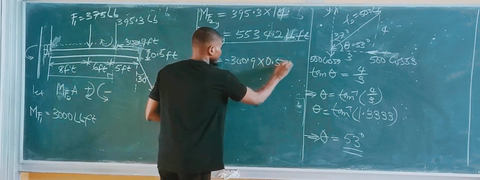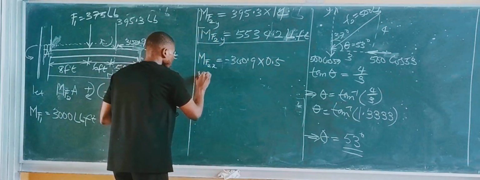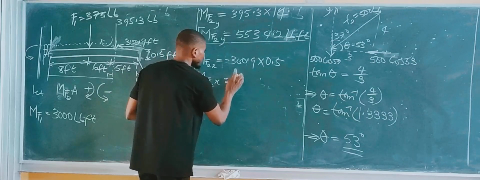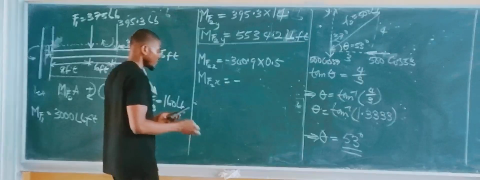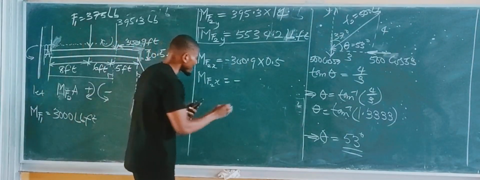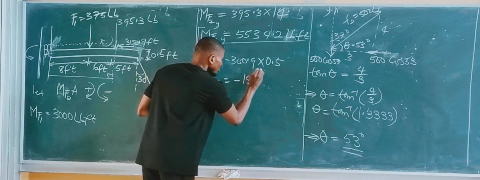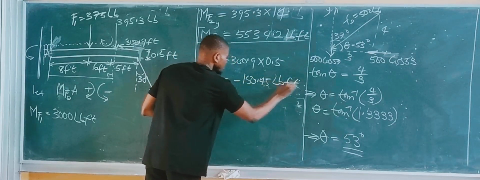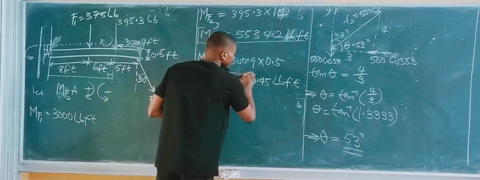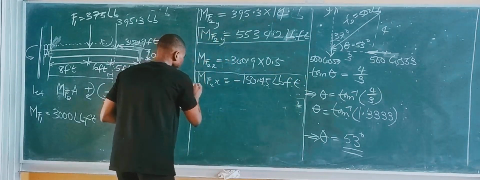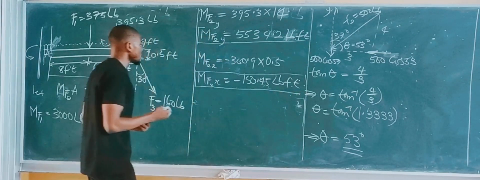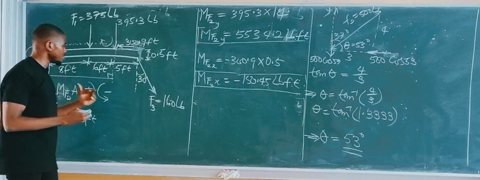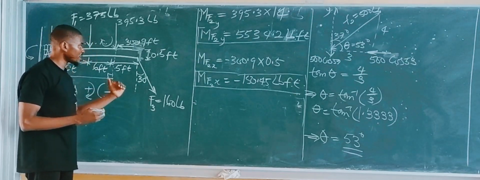Therefore, moment F2x is equal to minus 300.9 by 0.5, which is minus 150.45 pounds-feet. That becomes the moment of the second force about point A. Finally, we have force F3, also inclined.